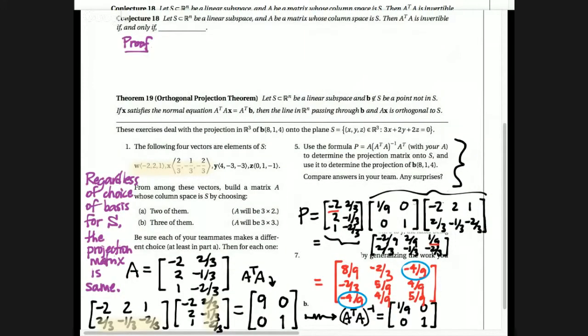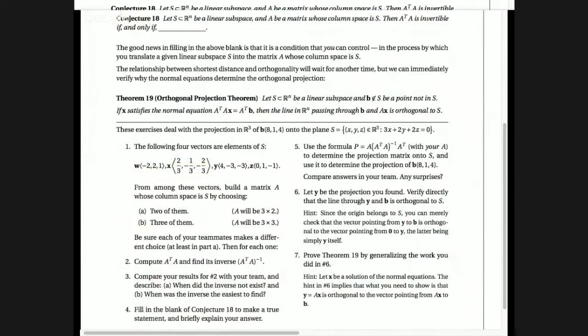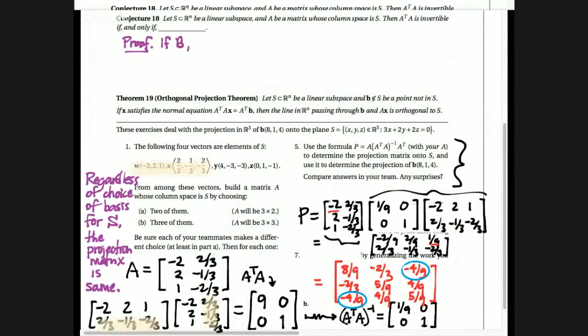Let's say I have two different bases for my subspace S. So let's call them B and B prime.